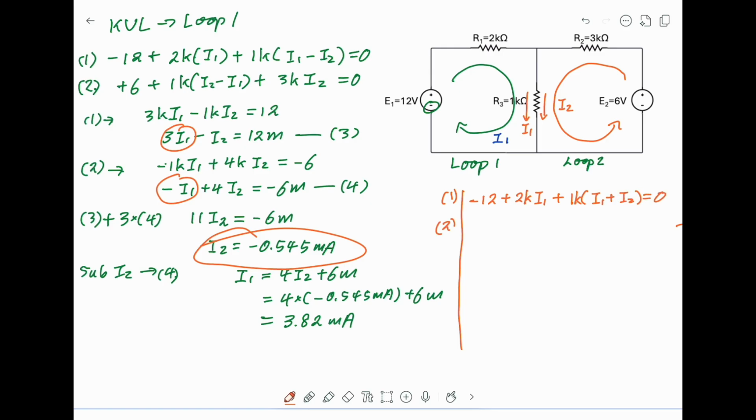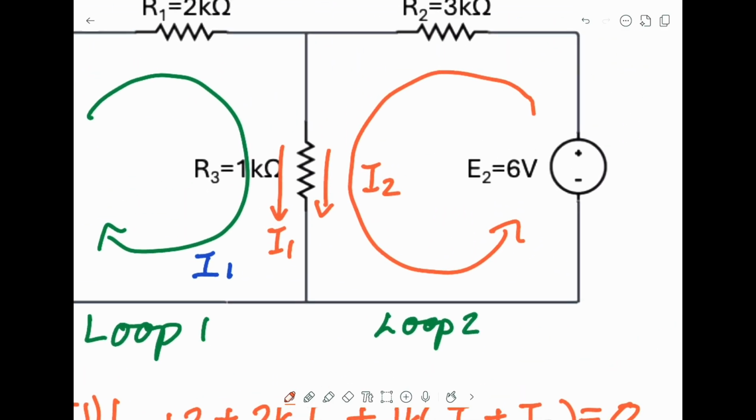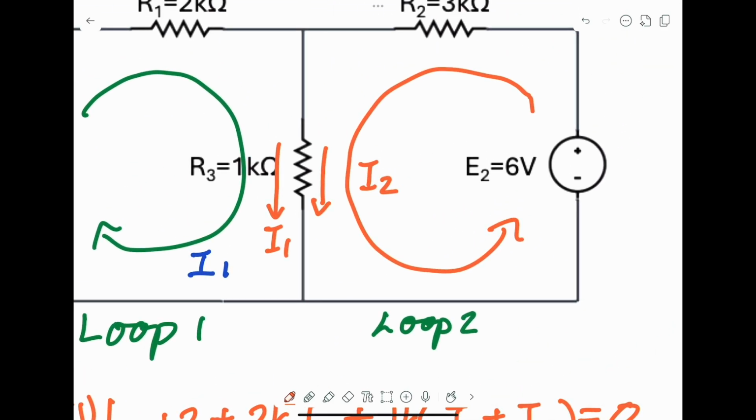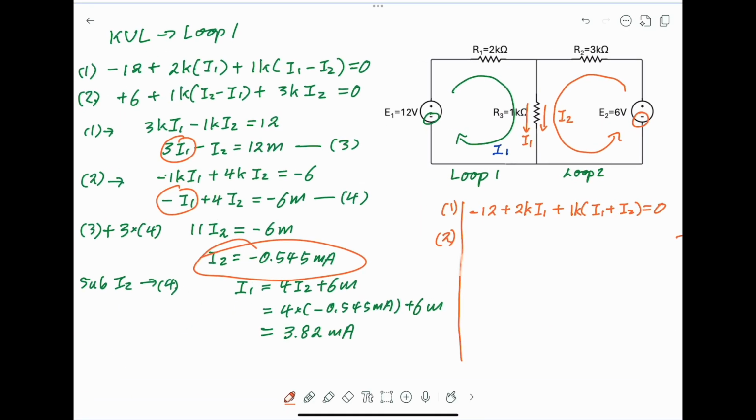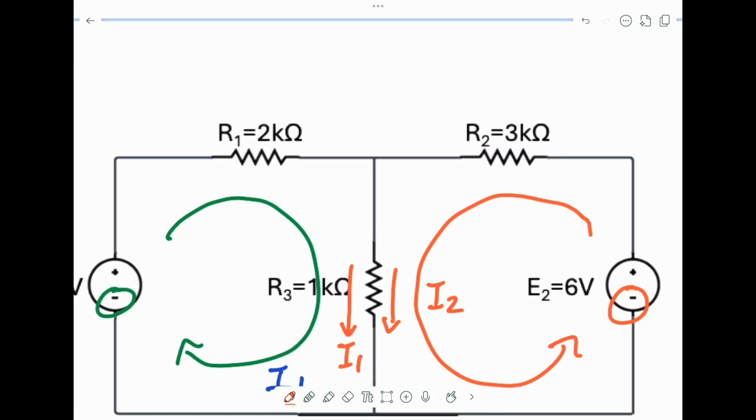Equation 2 will become, because I2 enters 6 volts from the negative side, so it will become negative 6, and this time again I2, so this is V2.